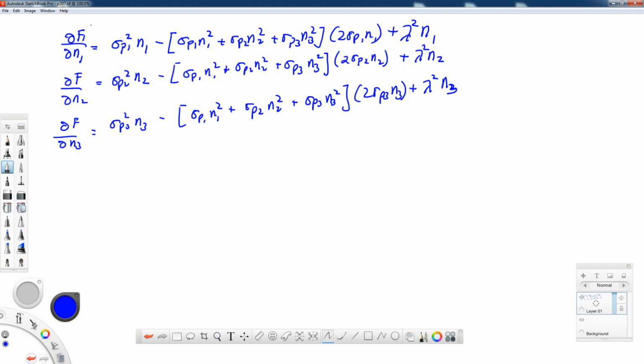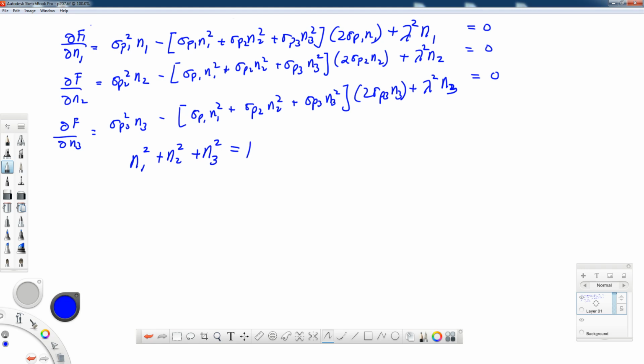Well, what values can work to make these things equal to 0? Again, just as a reminder, I know I've said it a few times already, but we still have this constraint: n1 squared plus n2 squared plus n3 squared is equal to 1.